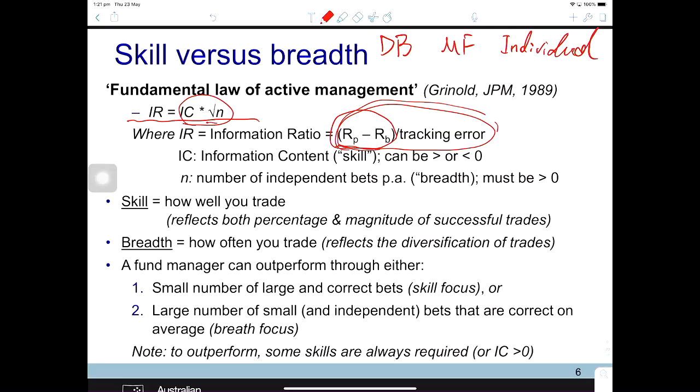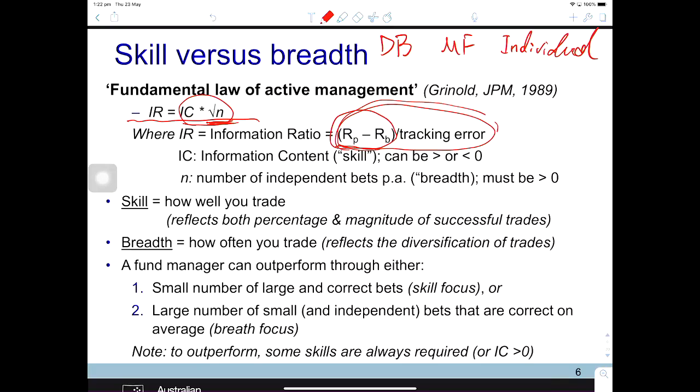If we keep the number of bets constant, the higher the information ratio, the higher the information content you have, or in other words, the more skill you have in selecting the undervalued stocks. That's why we have this framework to help us understand how active managers' performance can be evaluated, how we understand the different investment styles, and how this investment style is associated with their performance.